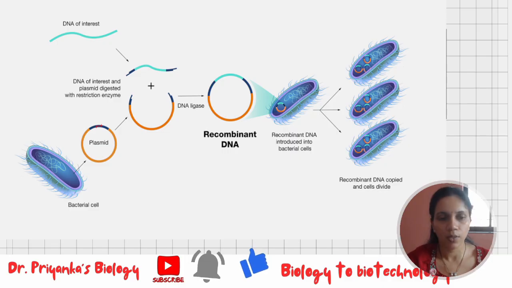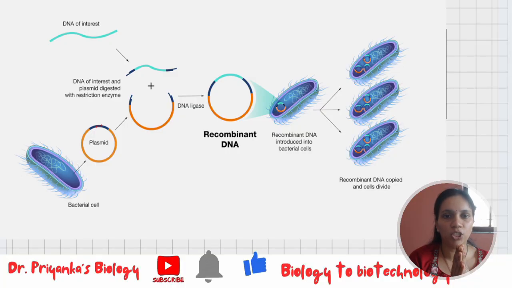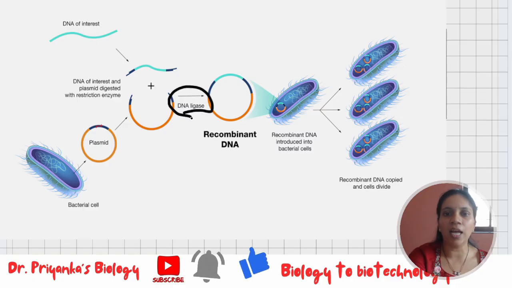What is the function of Velcro? They are complementary, they touch each other, right? In the same way the cuts produced here are complementary to each other, and they will join together. This joining is done by your ligase, DNA ligase.